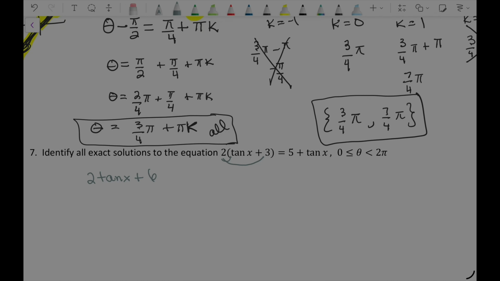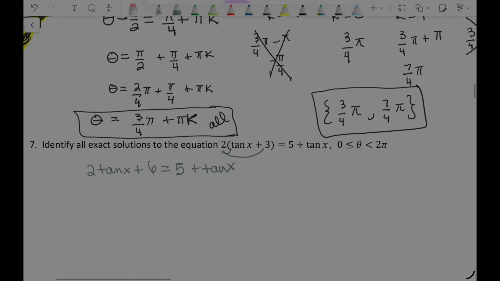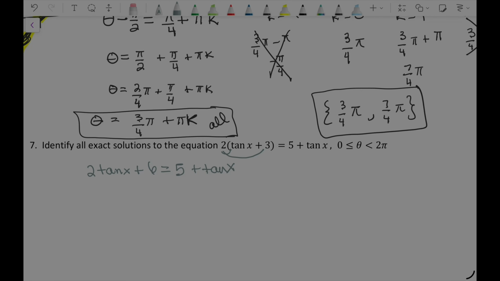And then I'm going to take steps to get this so tangent of x is by itself, okay?